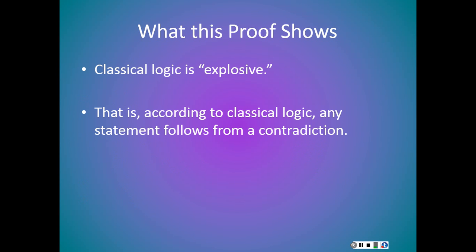So what this proof shows us is that classical logic is what logicians sometimes refer to as explosive. That is, according to classical logic, any statement whatsoever follows from a contradiction. Any statement at all follows from contradictory premises. Now this is an interesting feature of classical logic.